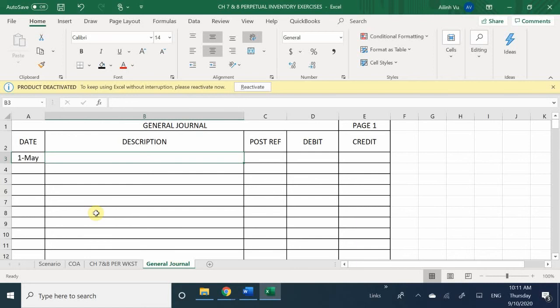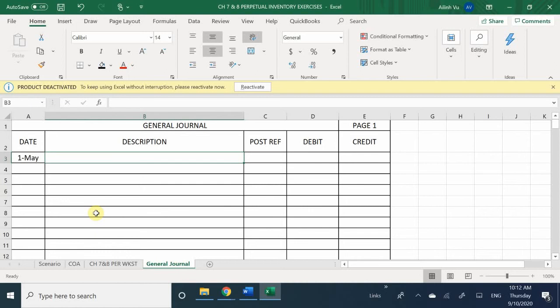Liabilities increase with a credit. Correct. So at least we established our credit account.